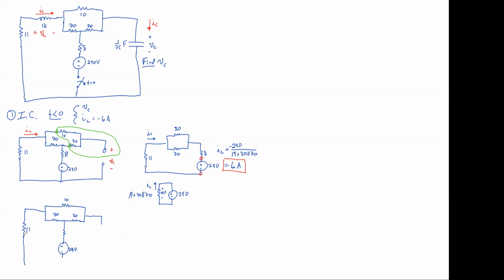You know all kinds of voltages in here now. You know that there is 6 amps flowing through here. And that means there's got to be 6 amps flowing through here.